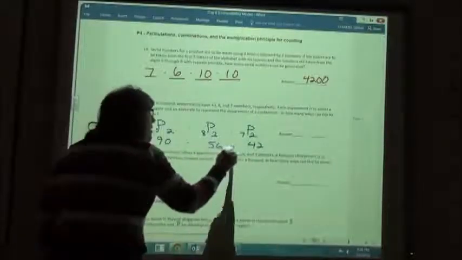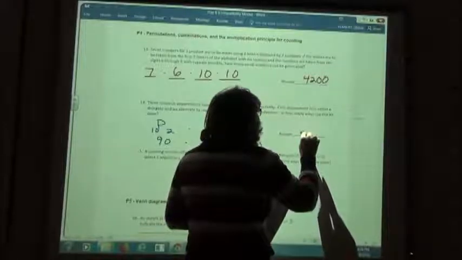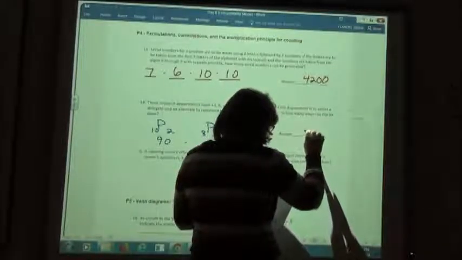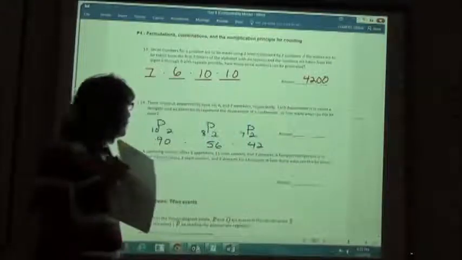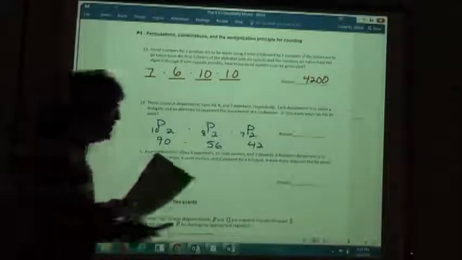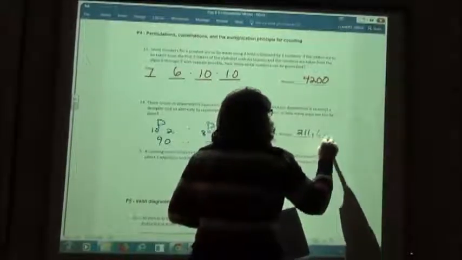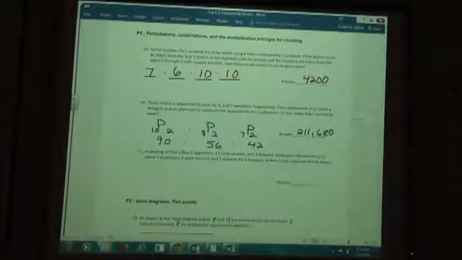So now, based on our fundamental counting principle, or the multiplication principle for counting, I'm going to take my 90 times my 56 times my 42. I get 211,680. So I have 211,680 ways of choosing those groups of people.